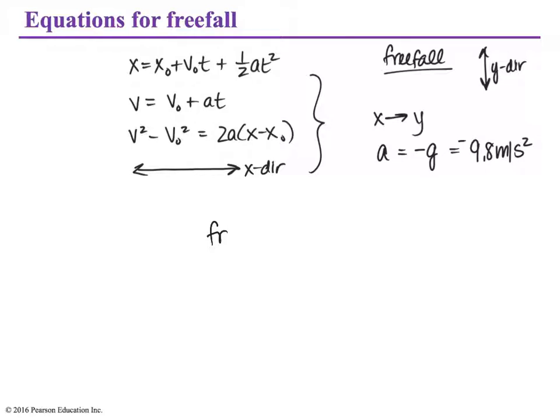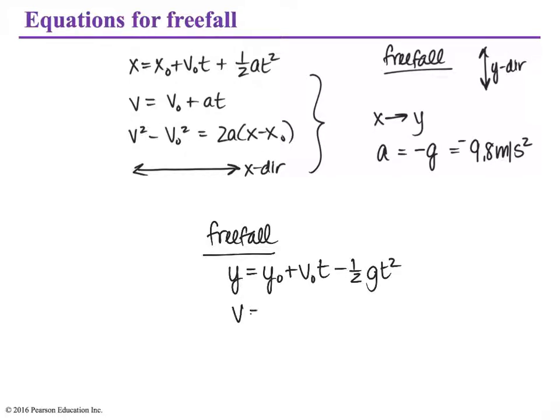So for free fall, the kinematic equations that we're going to work with are y equals y naught plus v naught t minus 1/2 g t squared; v equals v naught minus g t; and v squared minus v naught squared equals minus 2g times (y minus y naught).